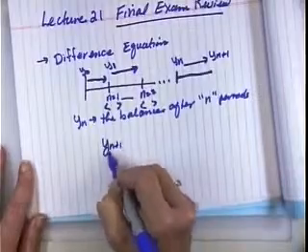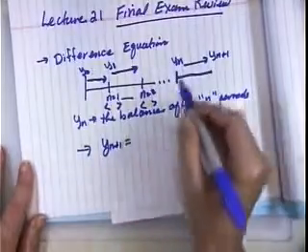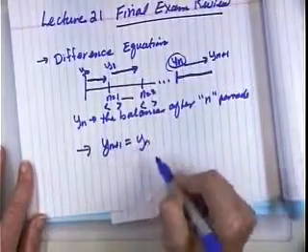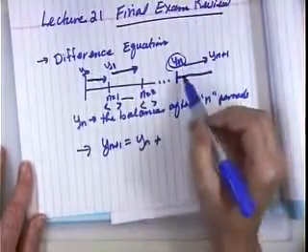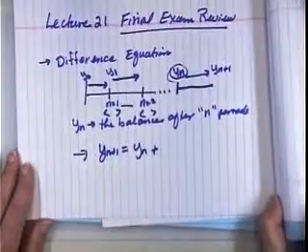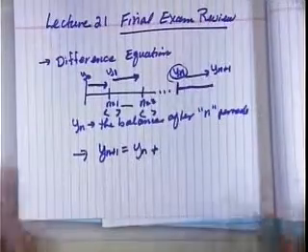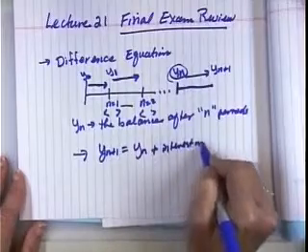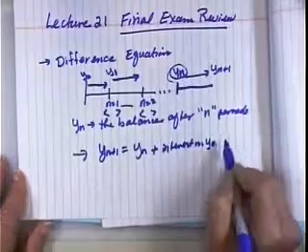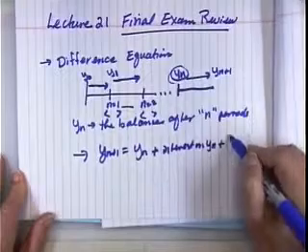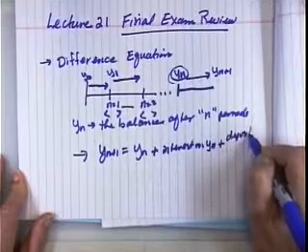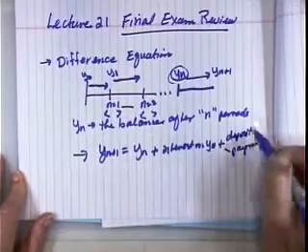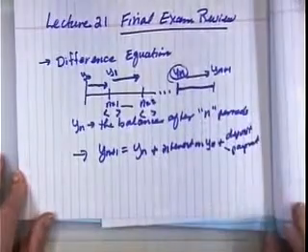Normally, we'd say Y sub n plus 1 equals whatever you have at the beginning of that period, plus, and for all the problems we did, most of them were money, so we would say interest on Y sub n, and then plus any deposit or minus any payment that was made at the end.